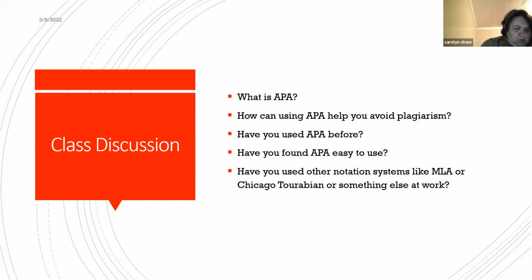Yes, so I think I did not say that APA stands for American Psychological Association, and it's used in business and social sciences. And we use APA to avoid plagiarism. We give credit to the researcher. In other words, how did you come up with all those numbers? You know, the percentages, the dates, the medical facts.